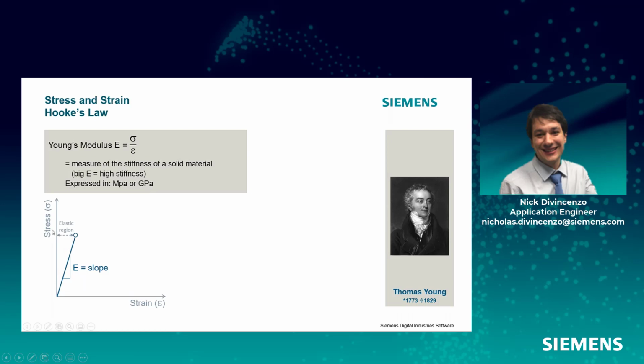So if we were to put a test specimen in a testing machine, we apply some loading to that test specimen, we monitor the stress and we monitor the strain at the same time. For a while, that metallic material will have a straight line or a linear slope, and that slope E is called the modulus of elasticity. It's typically expressed in MPa or GPa, gigapascals. So this is normally a relatively high number.